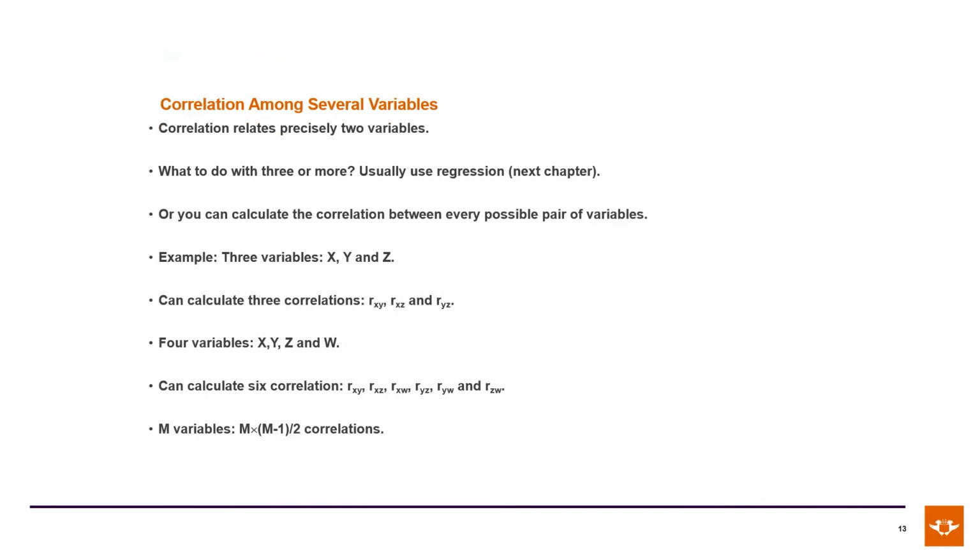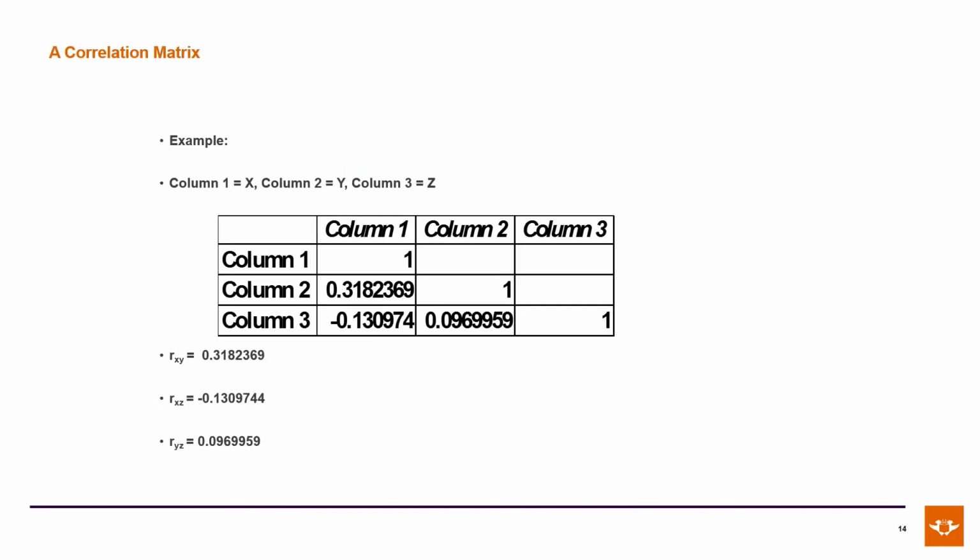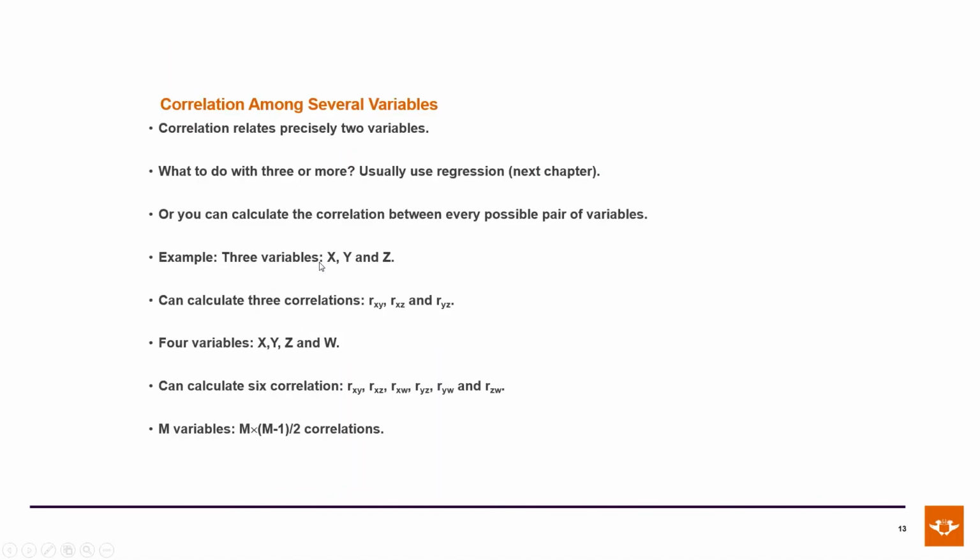So if you've got three variables, you're going to have three correlation coefficients: between X and Y, X and Z, and Y and Z. Unlike a multiple regression analysis, which we'll do, where you can regress as many variables as you like against your dependent variable. If you've got four variables, you'll obviously have a larger matrix. I'm not going to explain this matrix now; I'll explain it when I do it in eViews, where it's a bit easier to explain.